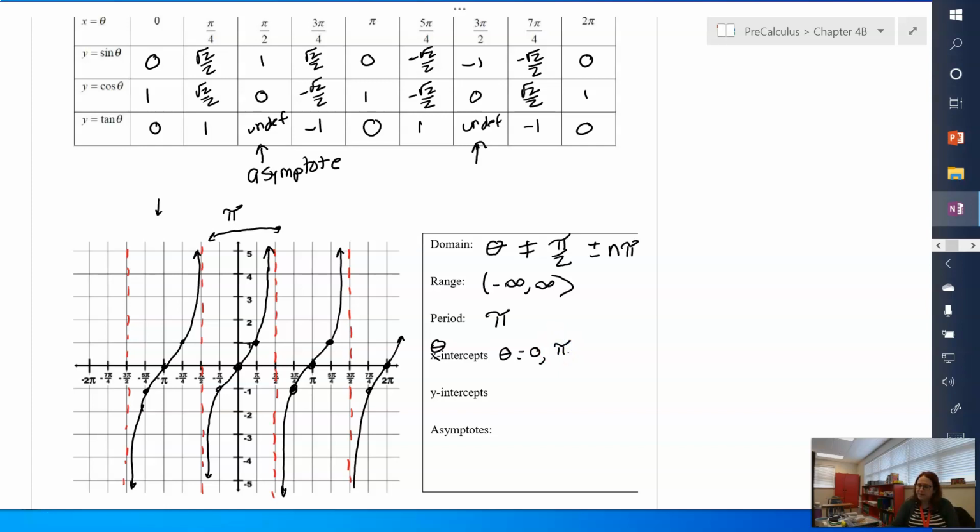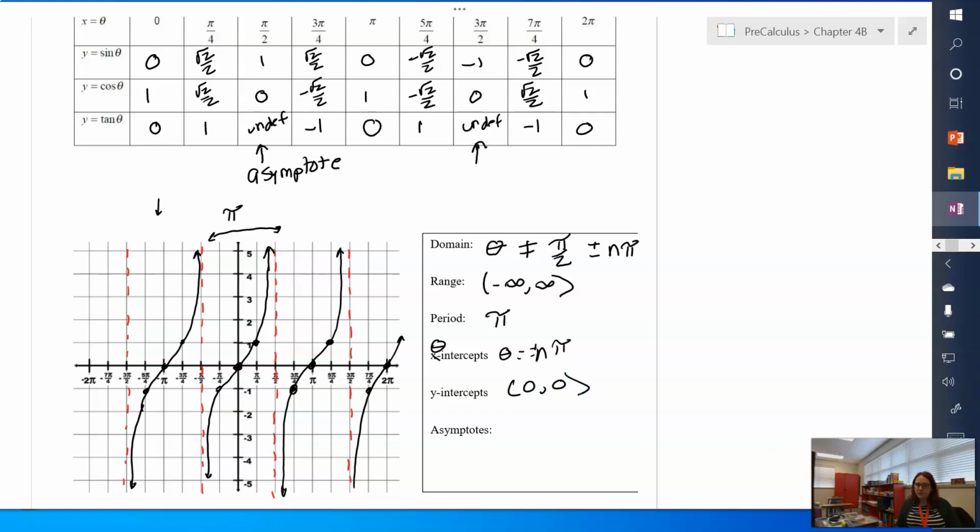So I can write this as theta equals n times pi, plus or minus, where n is any whole number. So 1 pi, 2 pi, negative 1 pi, negative 2 pi. Those are all the places that this graph is going to cross the axis. Now your y-intercept, it only crosses the y-axis in one place, and that is at 0, 0.